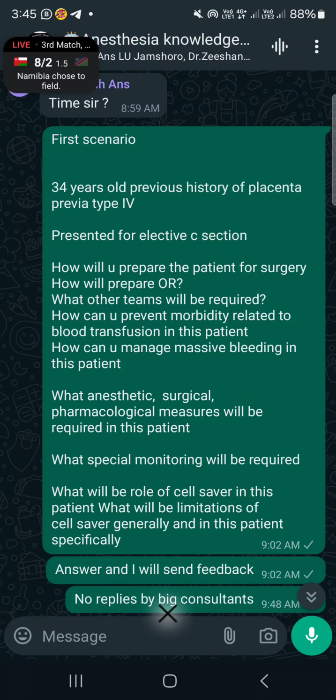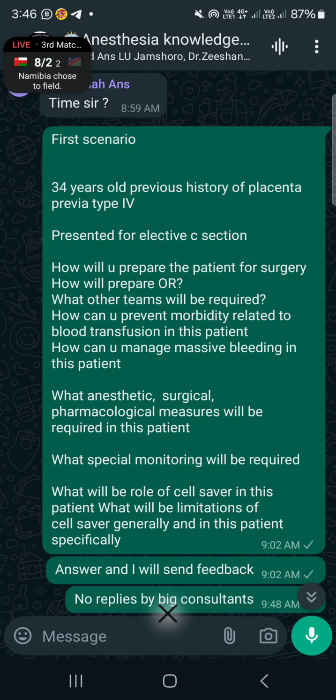Otherwise, if it's a hemodynamically stable patient, you can go with the normal induction. Yes, you will have all the anatomical, physiological, and pharmacological considerations which will be there in any pregnant patient with reference to difficult airway, chances of aspiration, difficult intubation, difficult mask ventilation, easy desaturation, hypercoagulability, 2 lives.